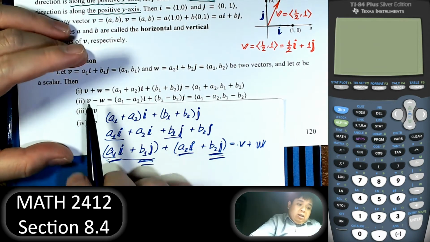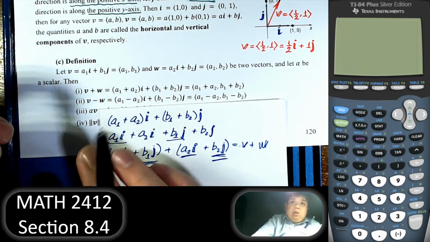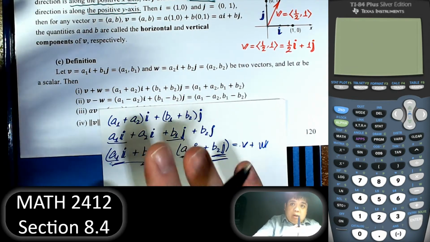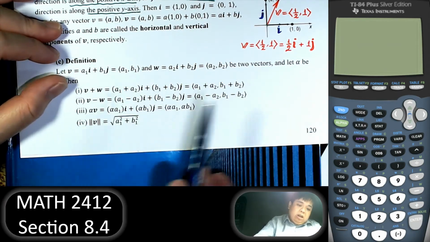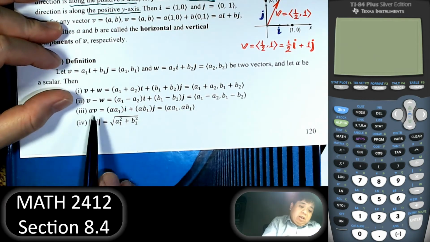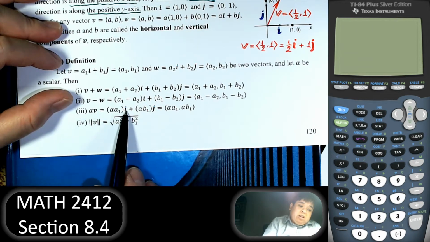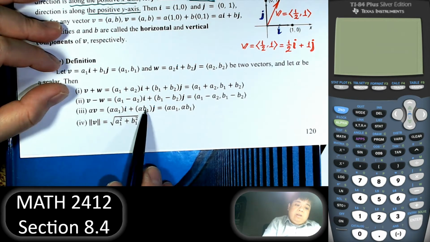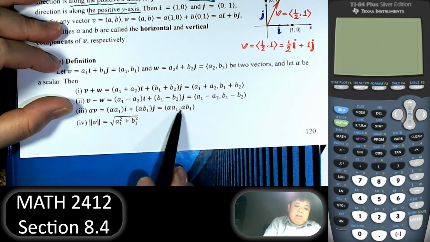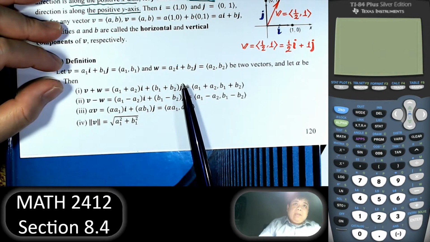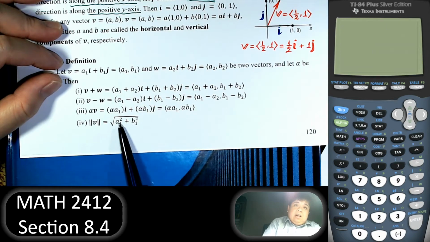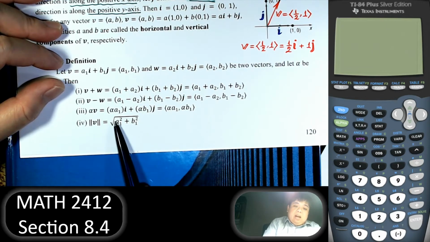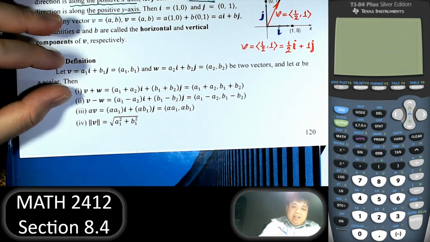So pretty much, to add vectors, we add component-wise: the first component with the first component, the second with the second. Subtract the same way. If we multiply a number to the vector, we multiply that number to every component of the vector. And finally, the magnitude of the vector is given by the Pythagorean theorem. Of course, that makes sense, right?